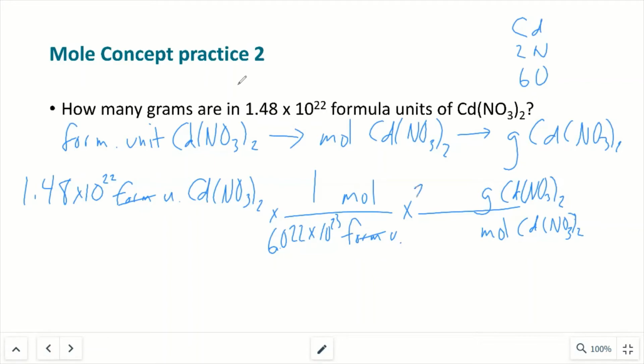Molar mass, 236.43 grams in 1 mole. Now my moles have canceled.